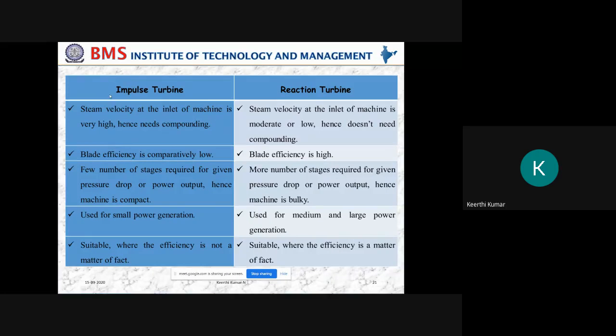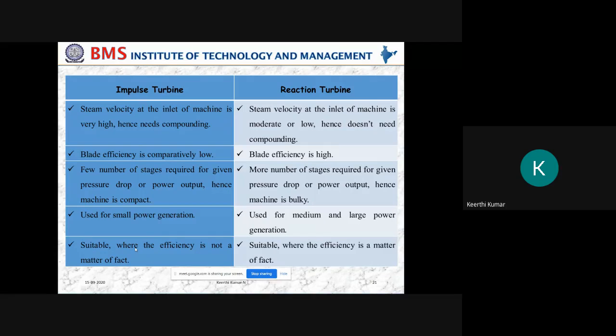The examples for the impulse turbine are, you make a note: De Laval turbine, Curtis turbine, C-U-R-T-I-S. De Laval and Curtis are examples of impulse turbine. Both have the same working principle.